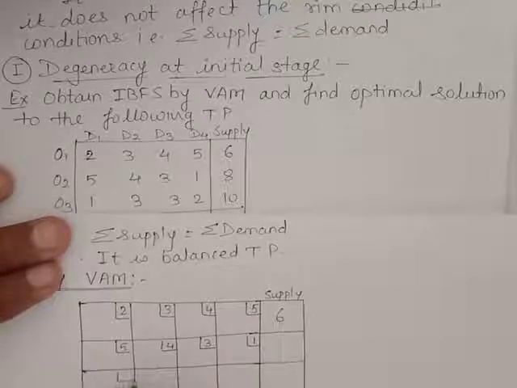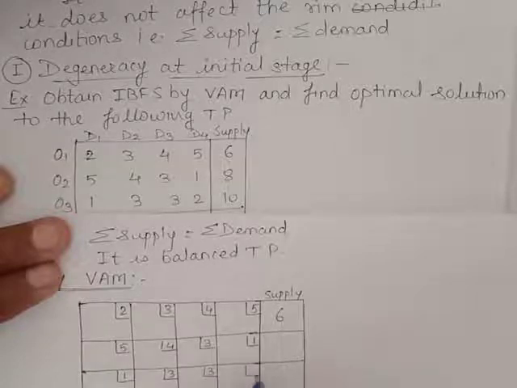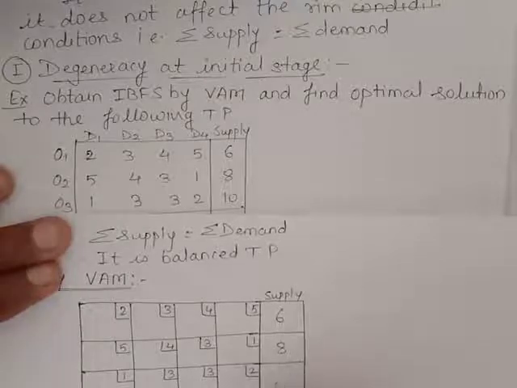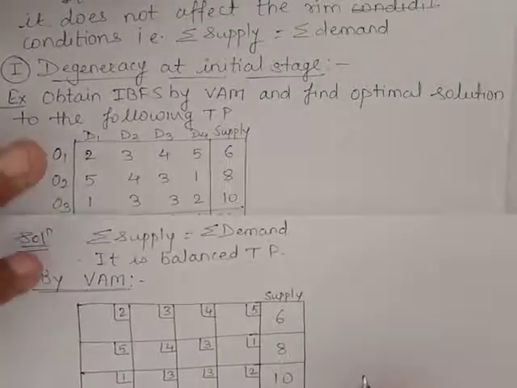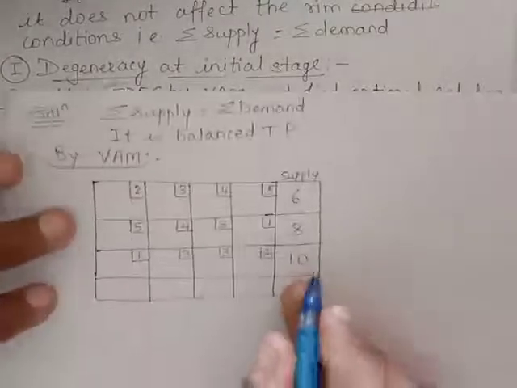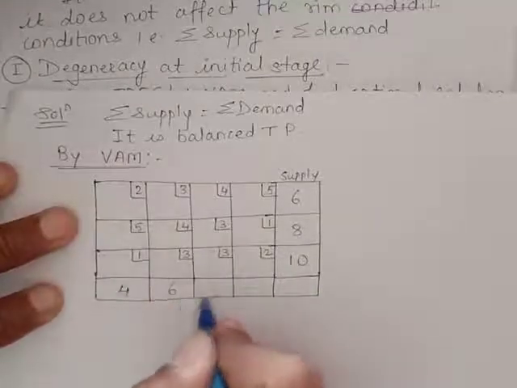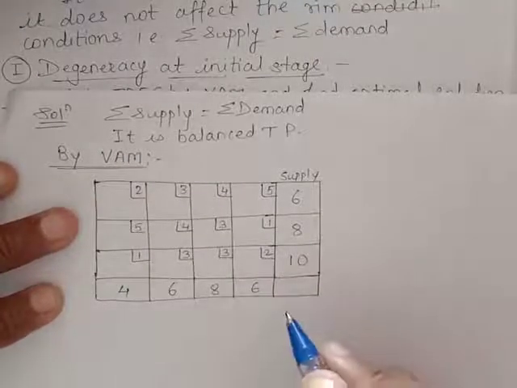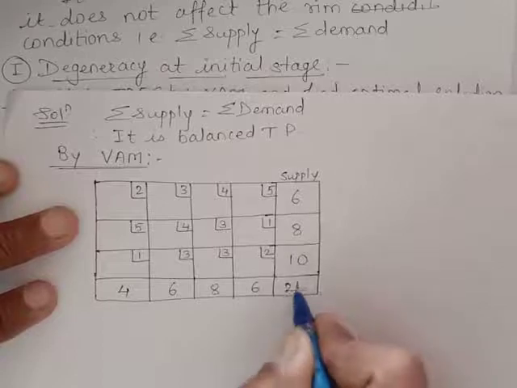This is 1, 3, 3, 2. Here it is 8, here it is 10, and then demands 4, 6, 8, 6. You know it is 24.